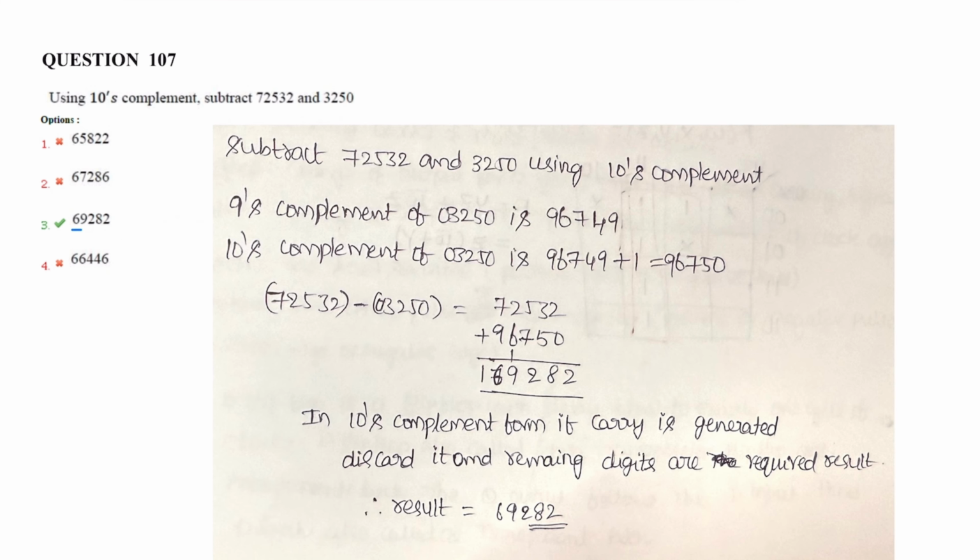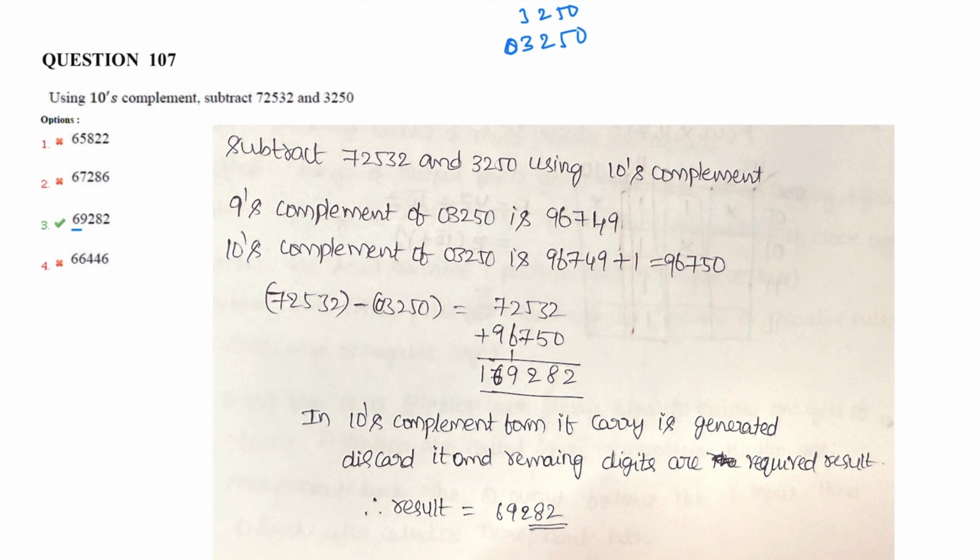Question number 107. Using tens complement, subtract 3250 from 72532. The 9's complement of 03250, that is 3250. Keep the 0, it doesn't change on the MSB side.